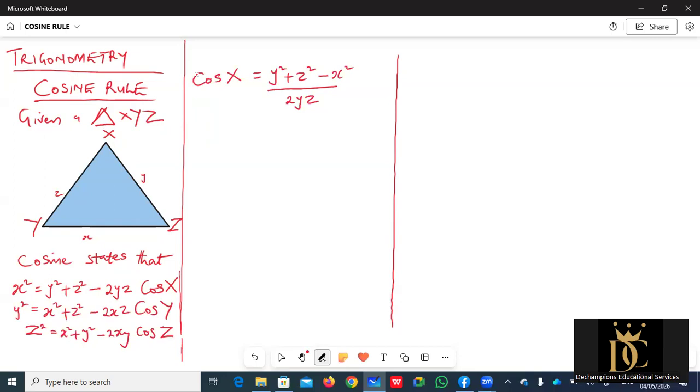So this is the formula for you to find angle X.